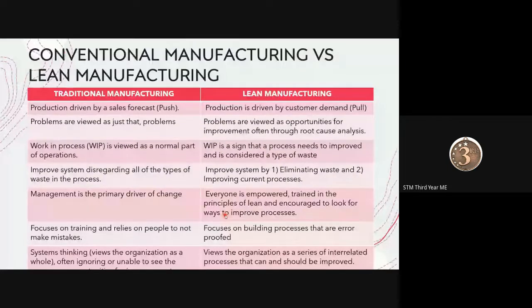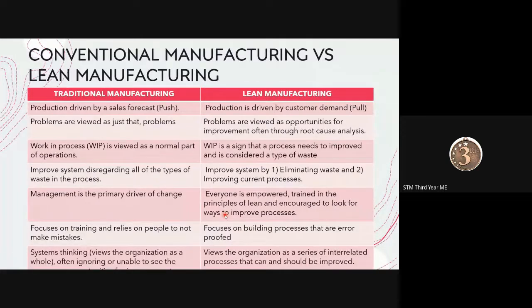Next, traditional manufacturing focuses on training and relies on people not to make mistakes. We train individuals not to make mistakes and make them skilled. In lean manufacturing, the focus is on building processes that are error proofed. In traditional manufacturing, mistakes may happen and defects will be formed, but it is still not considered a waste.